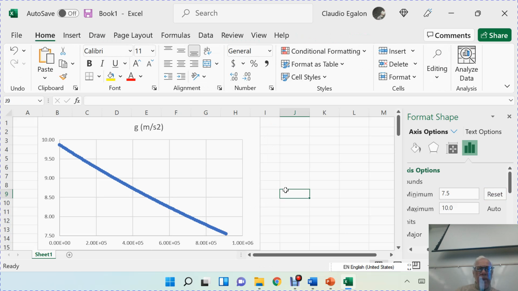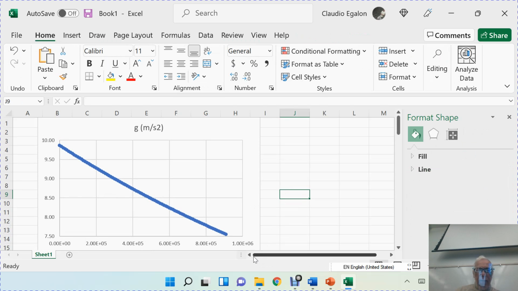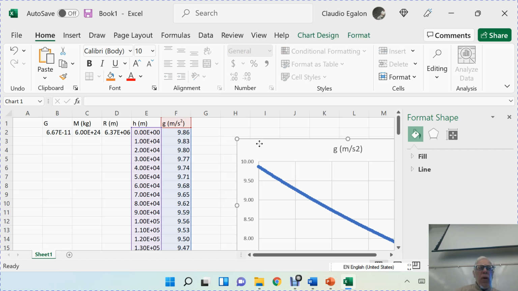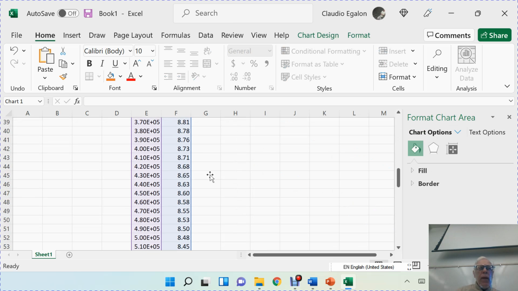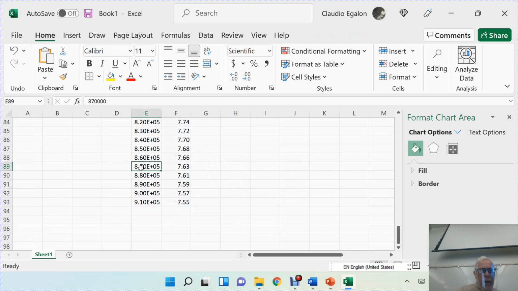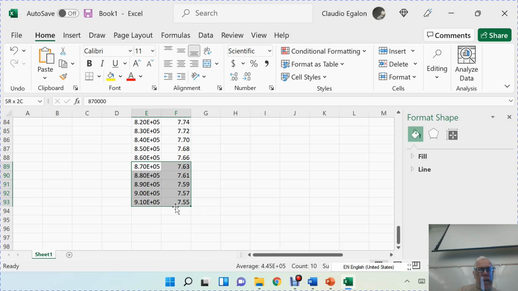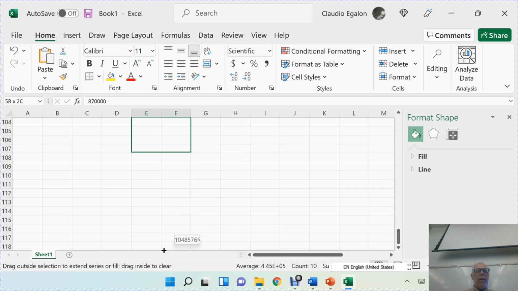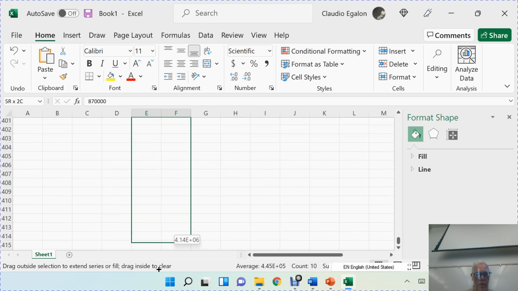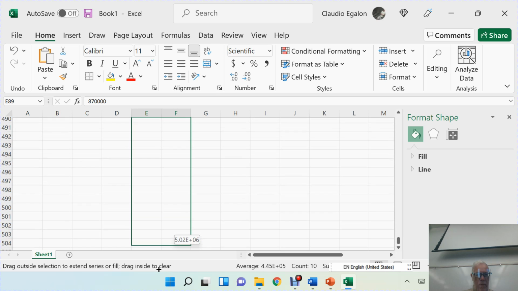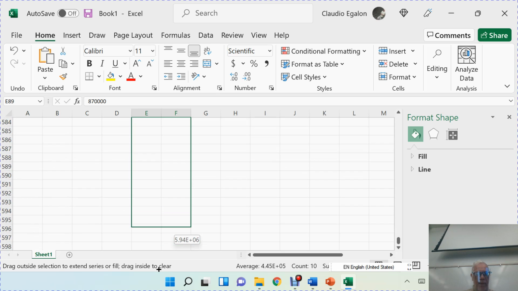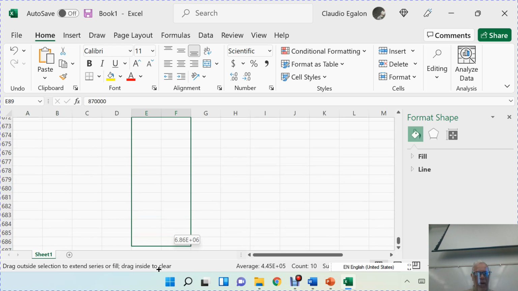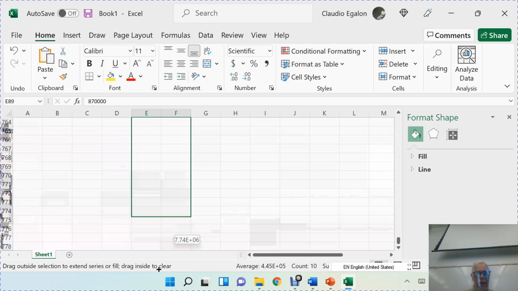But we can start seeing the curvature in a better way if we get more data points to our graph. There you go. Instead of stopping at 900 kilometers, let's go even higher than that. 900 kilometers, let's see. 5,000, 6,000, 7,000 kilometers.